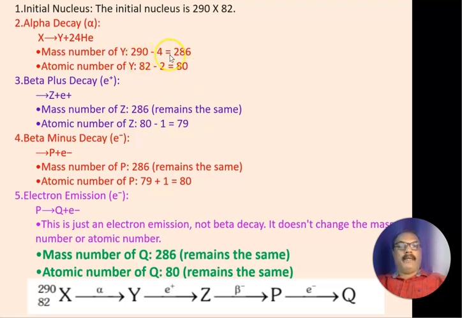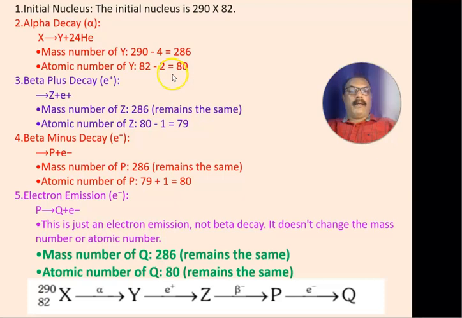Then 290 minus 4 will become 286, and the atomic number is 82 minus 2, 80. So the X product becomes the Y product. Then Y product mass number is 286, atomic number is 80.